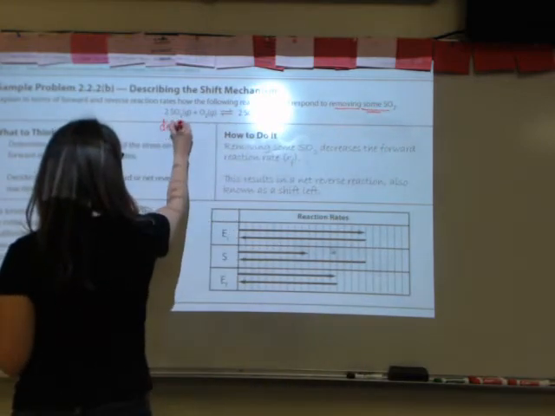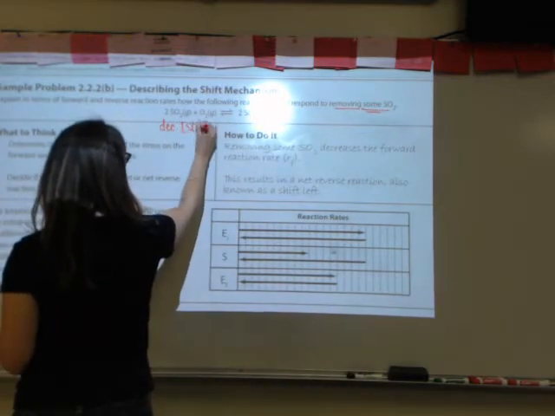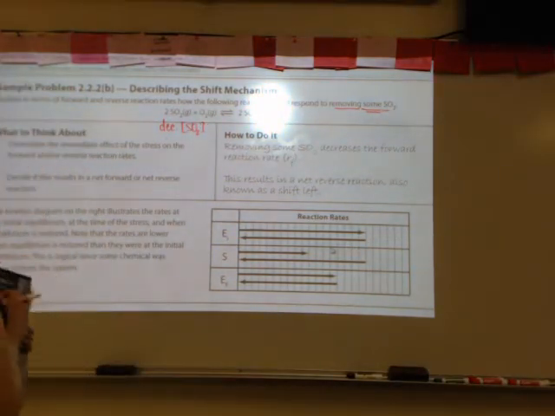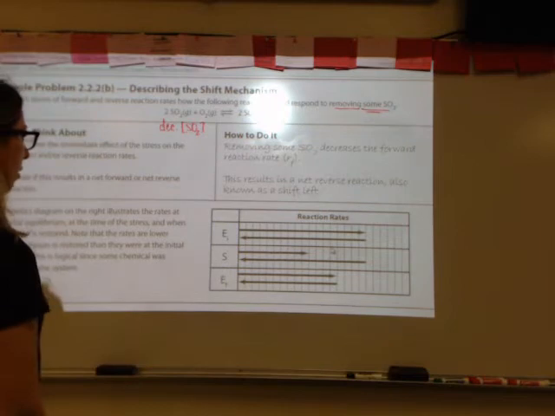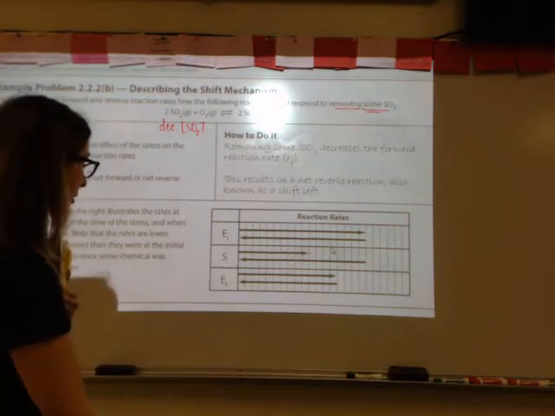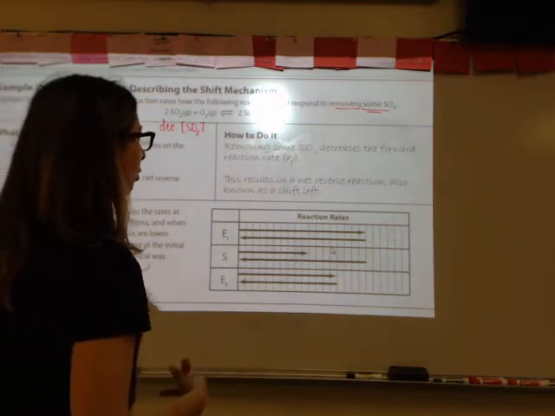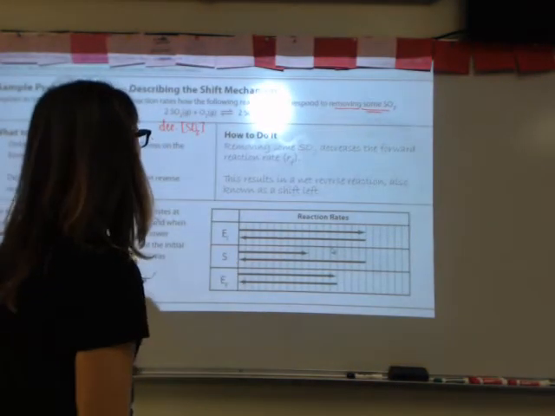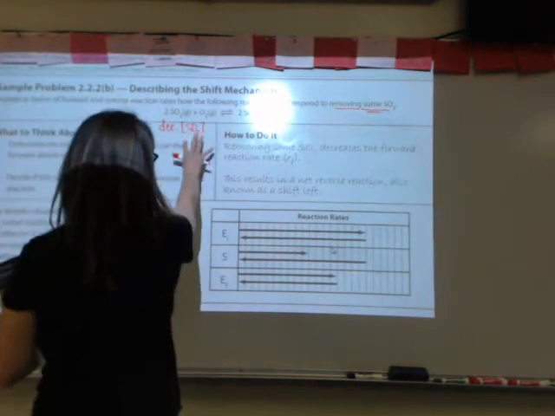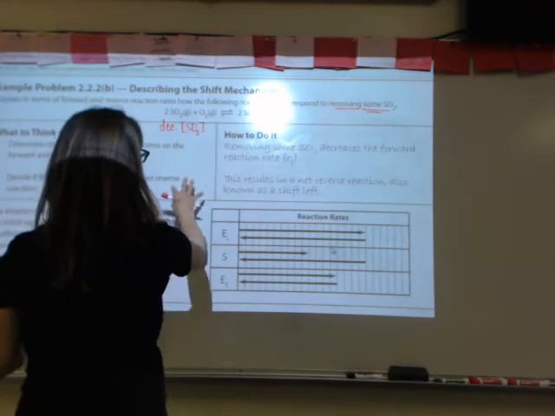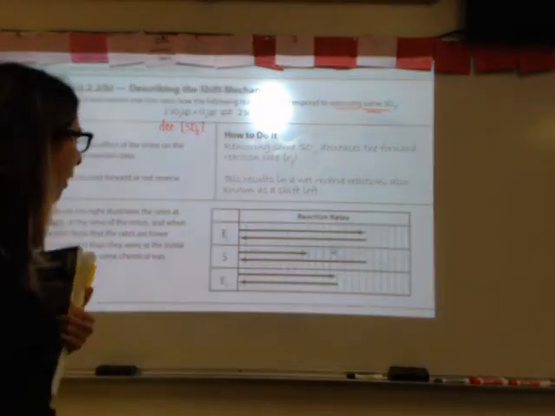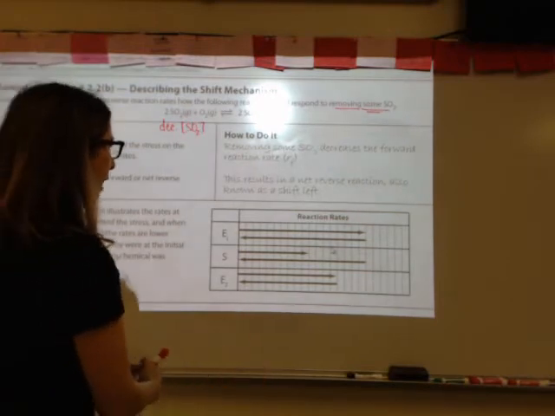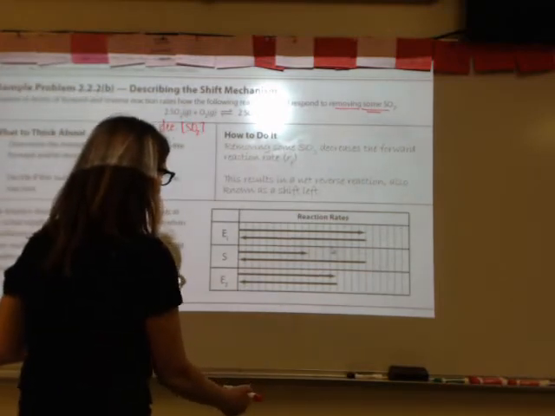So we're going to decrease the concentration of SO2. Now, anytime you decrease something, we need to replace some of what was lost. We won't replace all of it, we'll just replace some of it. So removing some of the SO2 is going to decrease the forward reaction rate, and that's going to result in a net reverse reaction, which is why we shift to the left.